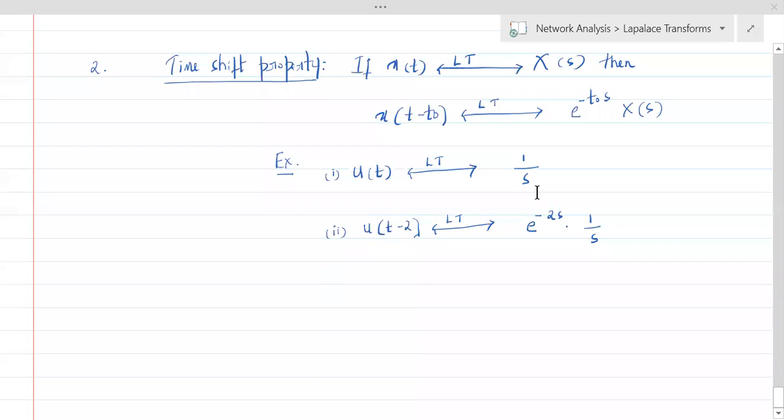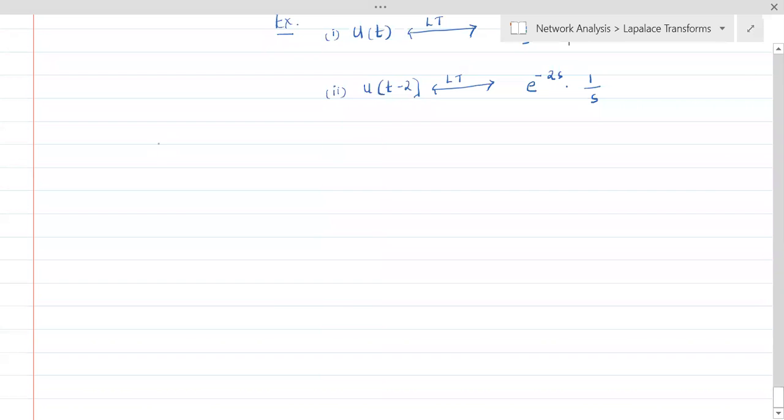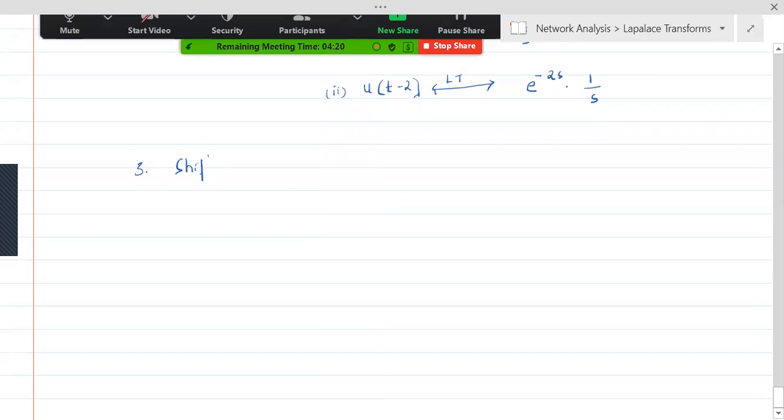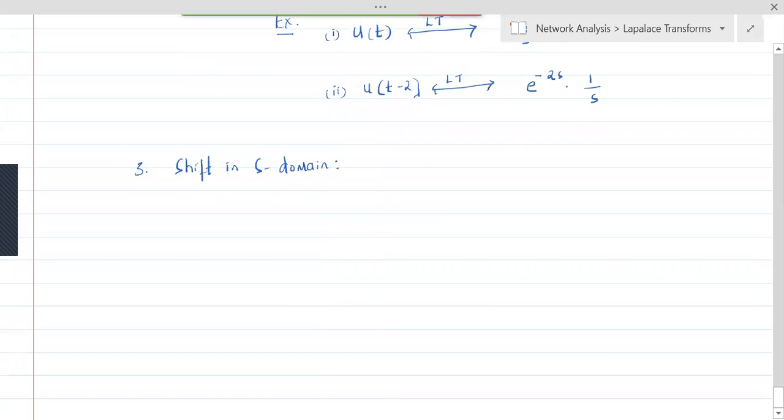Similarly, we saw the time shift, right? Similarly, we have another shift here. Everybody just make a note, the third one we are going for. As we did time shifting, there could be shifting in S domain also. Shift in S domain.